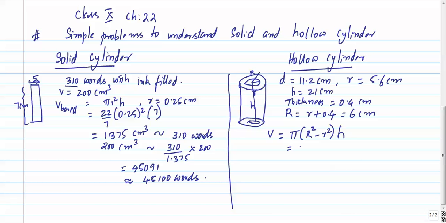So this comes to 22 upon 7 into 6 square minus 5.6 whole square into 21, that is 306.2 centimeter cube. This is the volume of the metal, considering that 0.4 centimeter is the thickness of the metal.